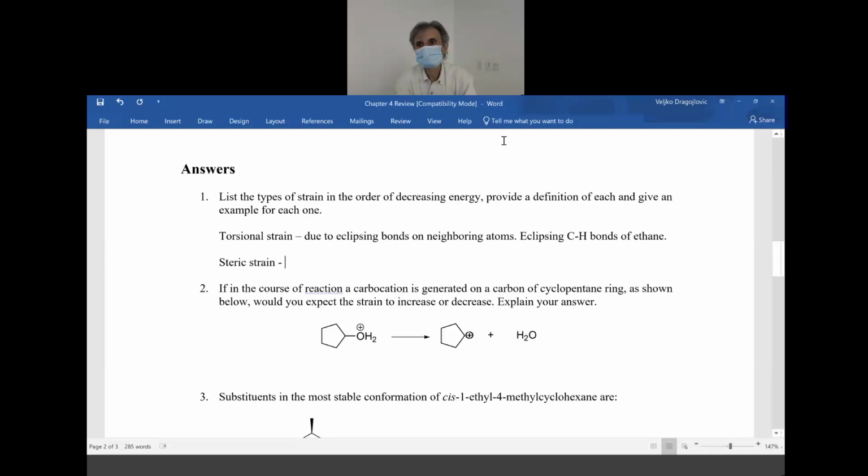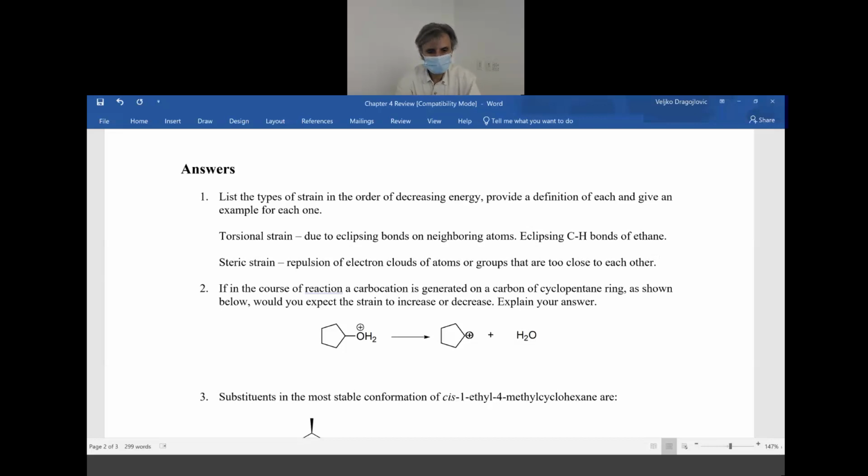So that would actually be a form of intermolecular interaction that is repulsive, so we can say repulsion of electron clouds of atoms or groups that are too close to each other.